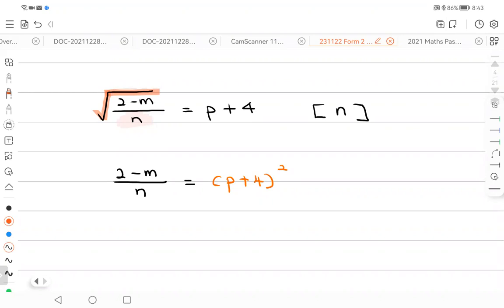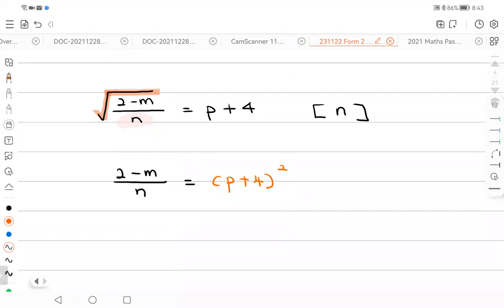Next is very simple. You look at the n at the denominator. Another group on the right side, p plus 4 in bracket square, is the numerator. So you can ask them to switch also. One comes up, one comes down. You come down, I go up.